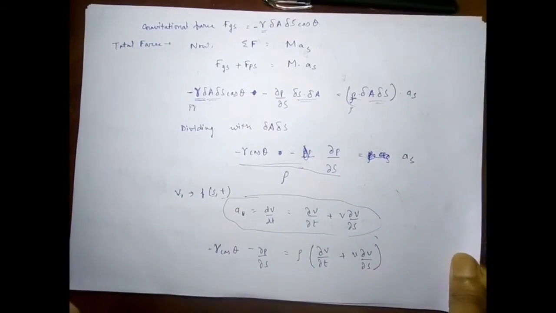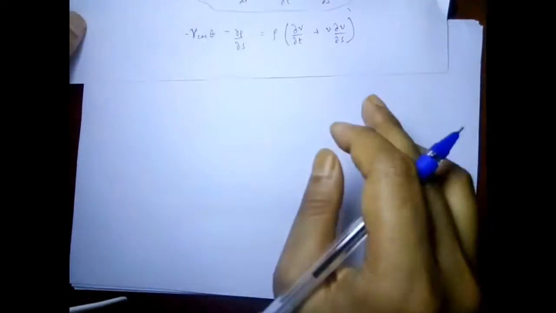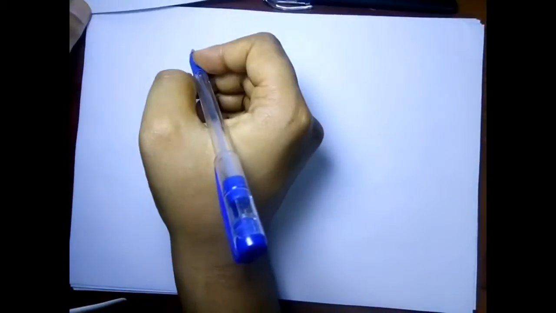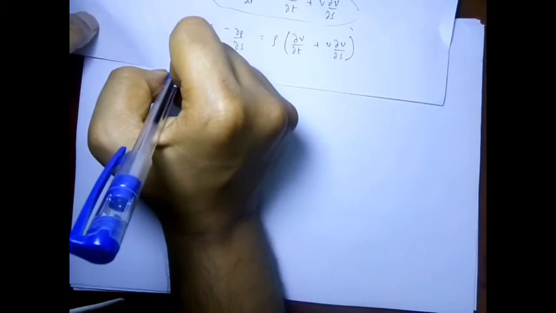Now let's do one thing. Let's shift this part to this side and see what we get, that is rho del V. We are shifting this part to this side, so let's see what we get.